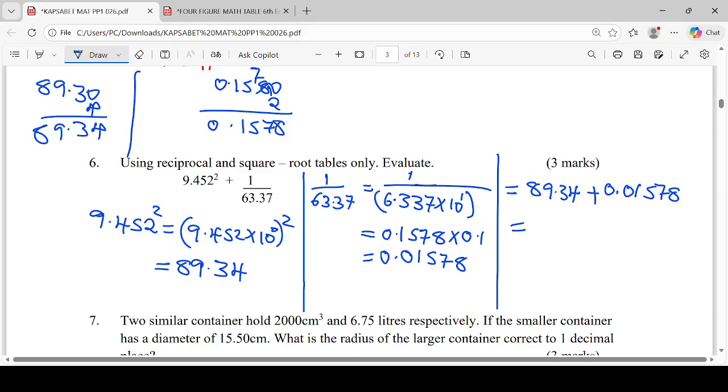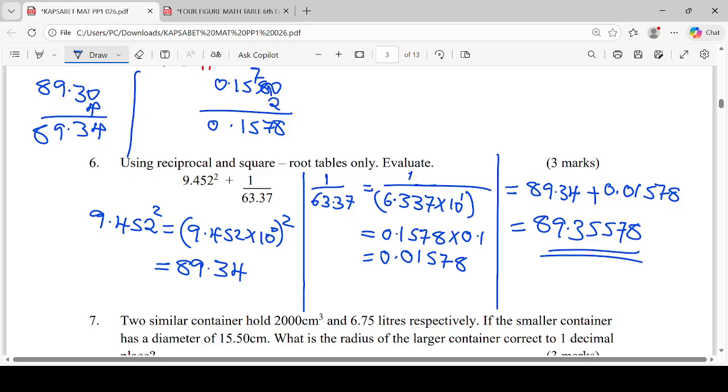When you do the addition, there now you are free to use your calculator. 89.34 plus 0.01578 gives you 89.35578 as your answer.